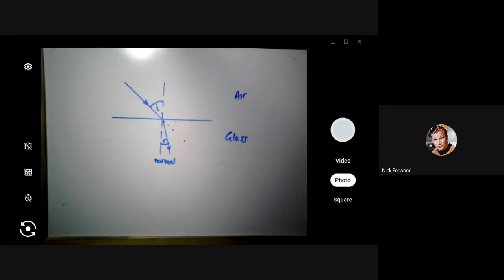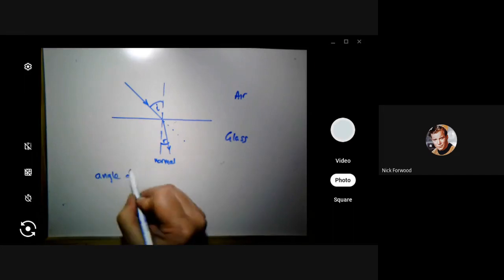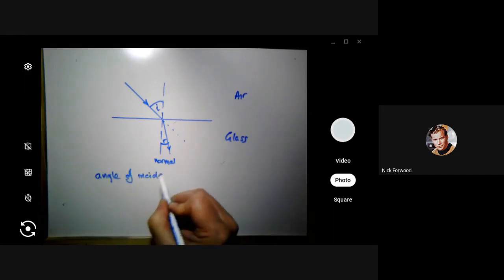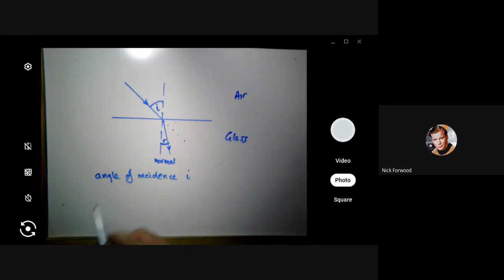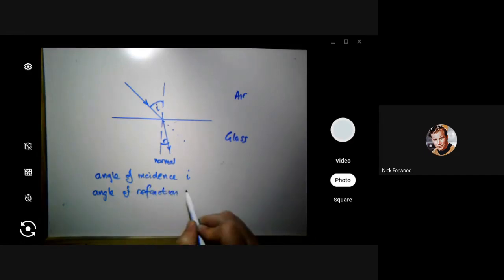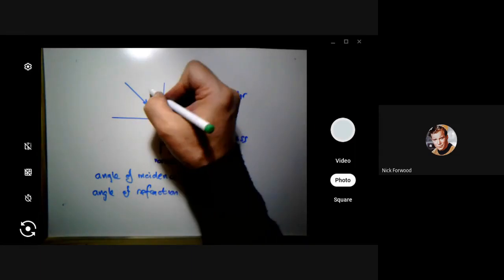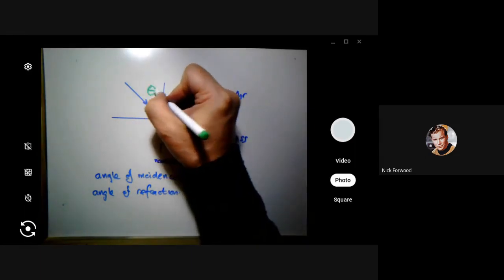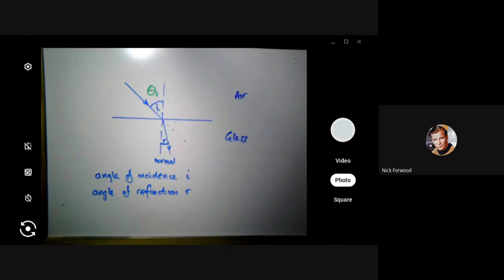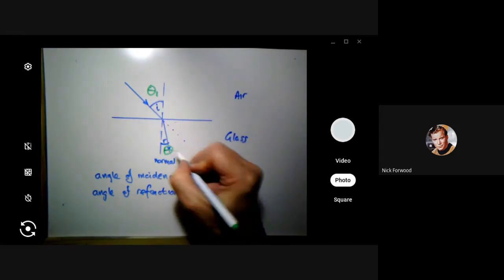Now, the SQA, and indeed a lot of physicists, don't like using these letters I and R. Angle of incidence, it's obvious, angle of incidence is I, and the angle of refraction is R, but there are some alternative abbreviations, and they are, this is the Greek letter of the alphabet theta, and this is going to be called theta 1, and this angle here is going to be called theta 2.